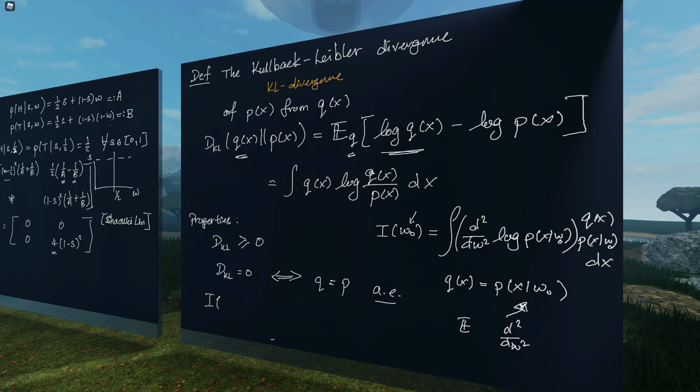This is not too strong a condition. If you can swap that, then you can see that this expression is equal to the second derivative of this expression at the true parameter. So this is the relationship between Fisher information and the KL divergence.